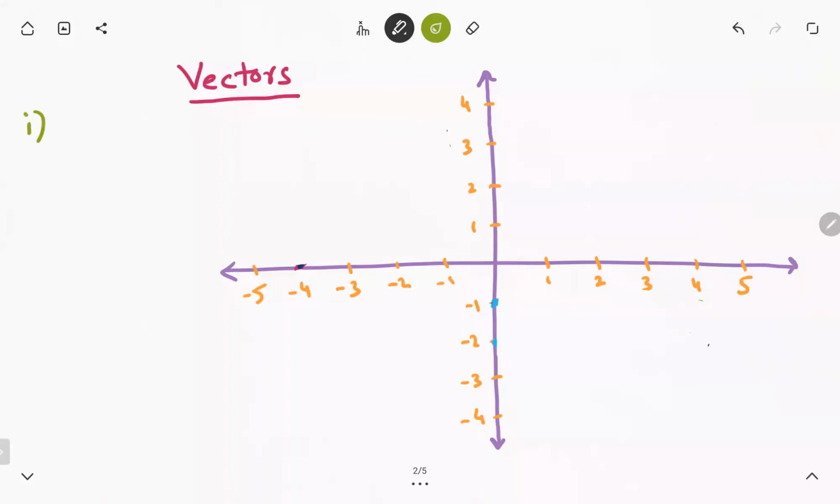Then vector AB is given, and vector AB is 3, 2, and the question is, you need to label point B on the diagram. You have point A, you have vector AB. Point B is not given, you need to label it yourself.